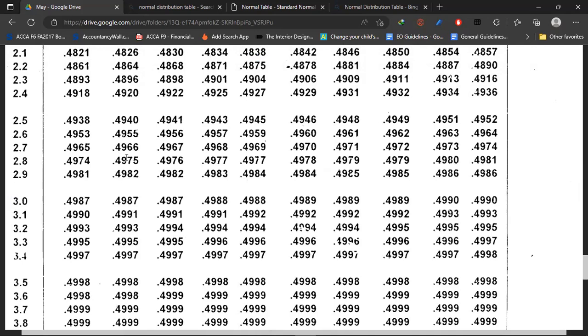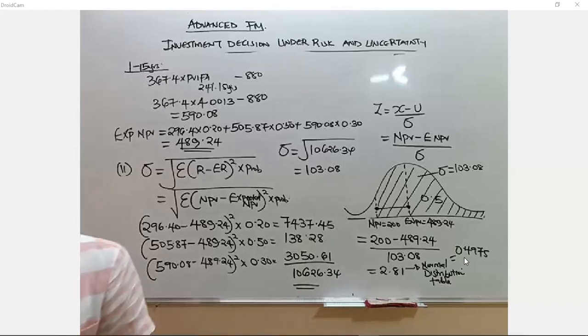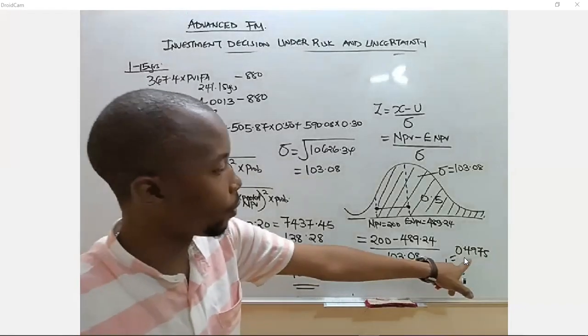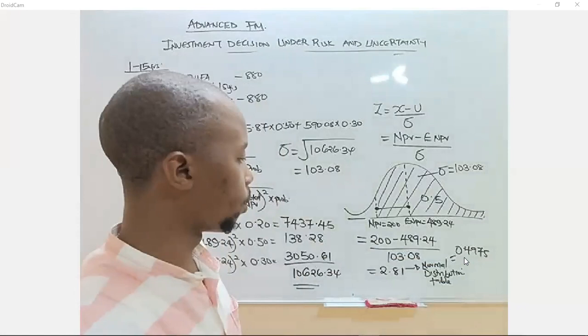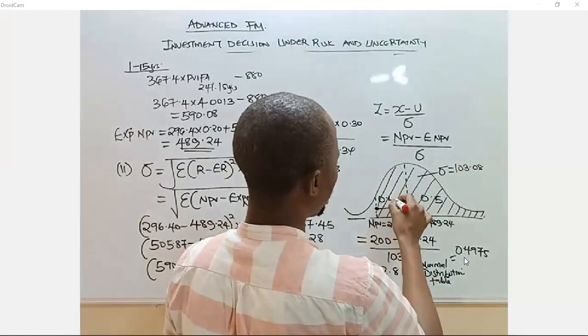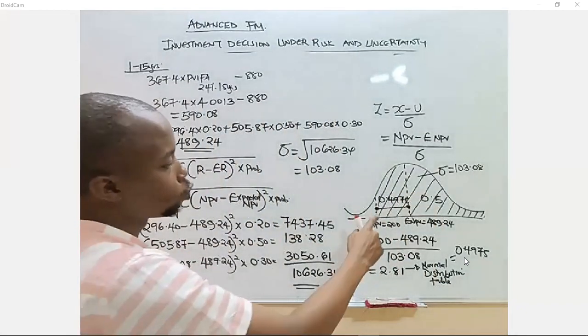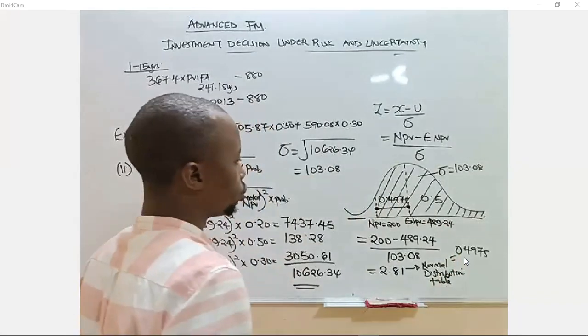So to get the probability that the examiner wants, let us go back now to our board. To get whatever the examiner wants, we are told the 0.4975, which we have gotten from our normal curve table, is this one here. It is close, but you want from here to here. So how am I going to get that?